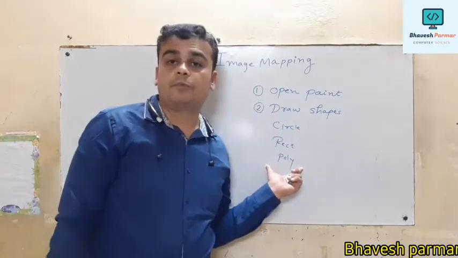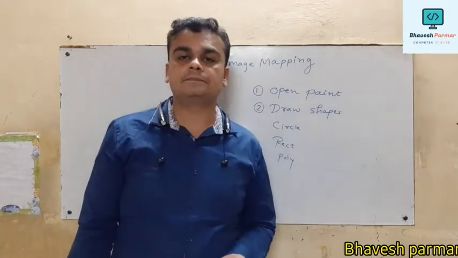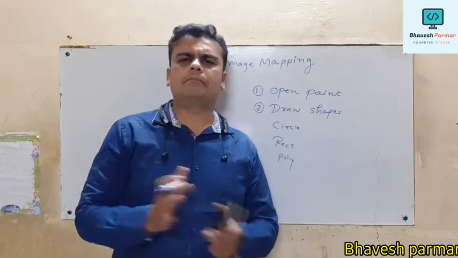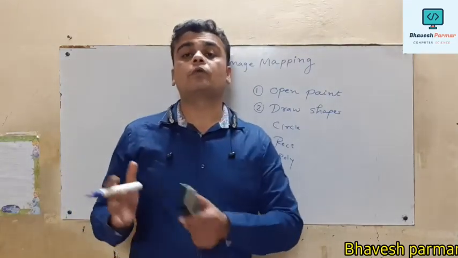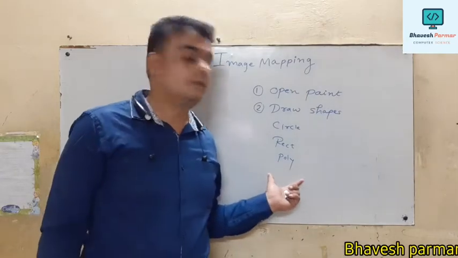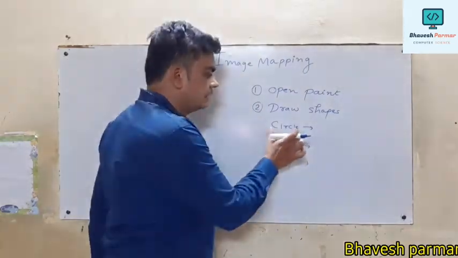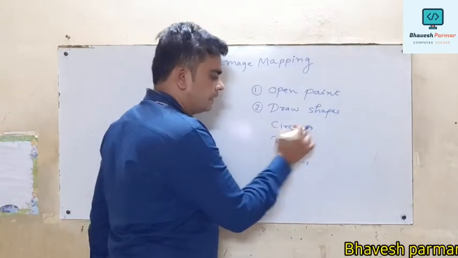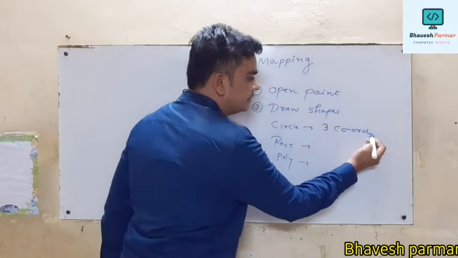So guys, we know that polygon means the image consists of multiple edges, generally we say multiple angles, more than 3 or more than 4 angles, it represents a polygon. If we consider the first geometric shape, circle, it is represented by 3 coordinates.